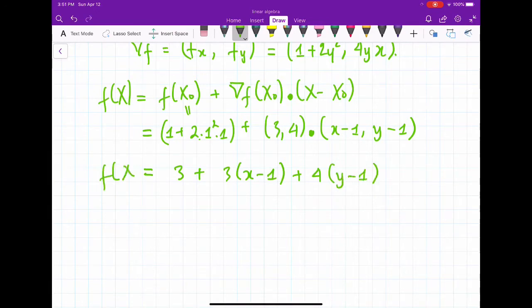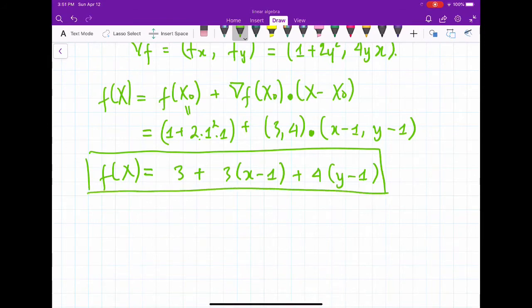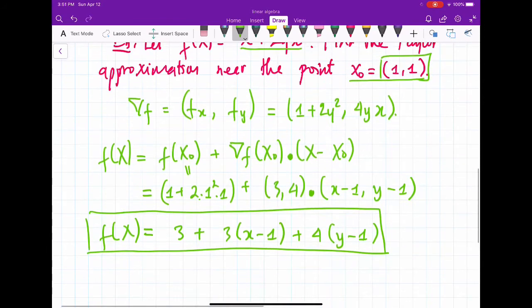And you see, this is the linear approximation, or Taylor approximation, of our function at the point (1, 1). Don't forget that. And don't forget, if you consider another point, you might have another Taylor approximation. Okay?